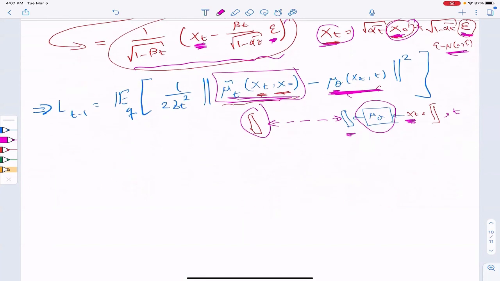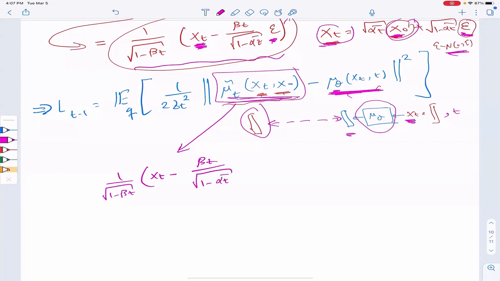Okay. So in order to make some cosmetic changes, let's look at the form that I have for this function. As I mentioned, it's a linear function of xt and x0, or alternatively xt and epsilon. It's equivalent. So what is the form of that function? It is in this form: 1 over square root of 1 minus beta t, some constant, really doesn't matter, times xt minus beta t divided by square root of 1 minus alpha t bar times epsilon.